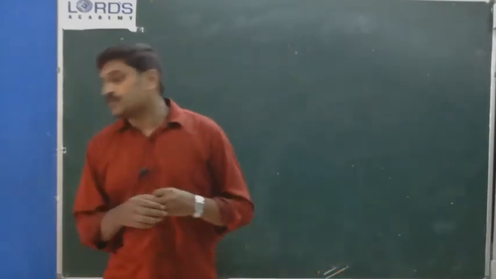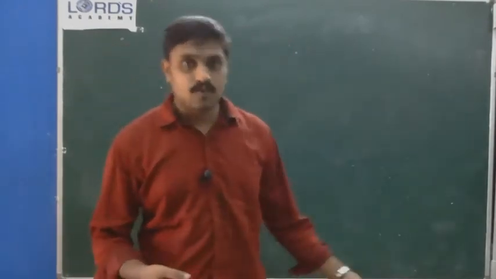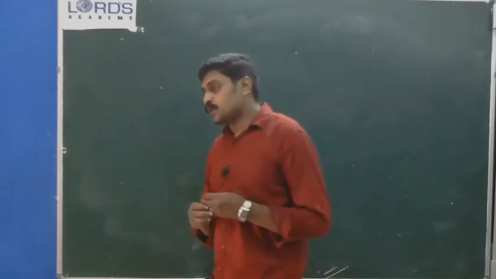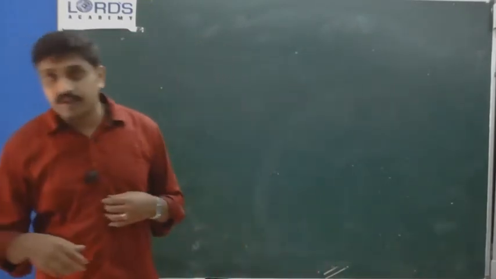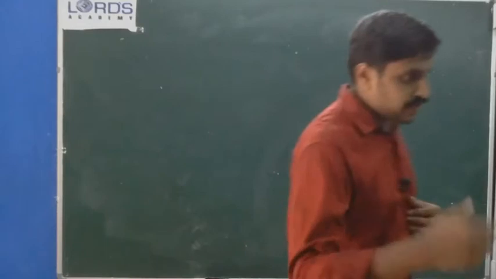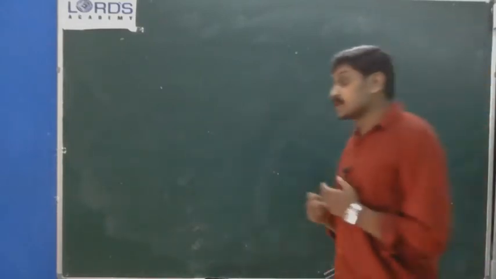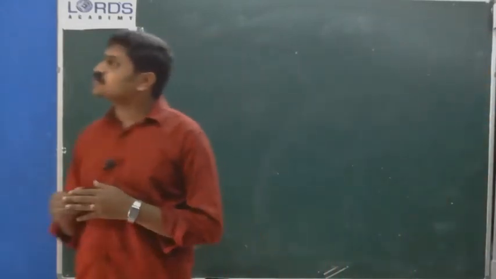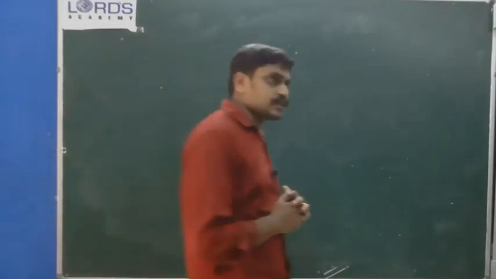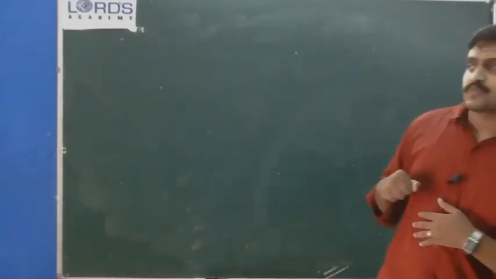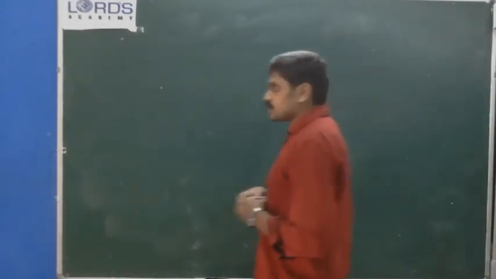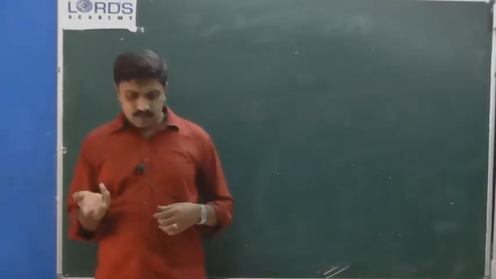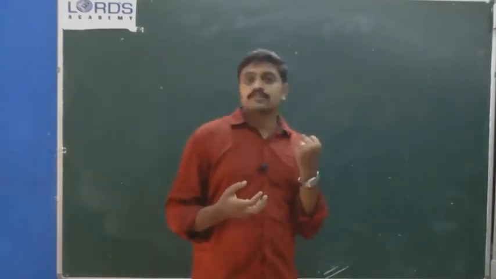So we are going to study about the uses of dimensional formula. First we are starting with checking the correctness of an equation. What's the meaning? Just imagine we got one equation.